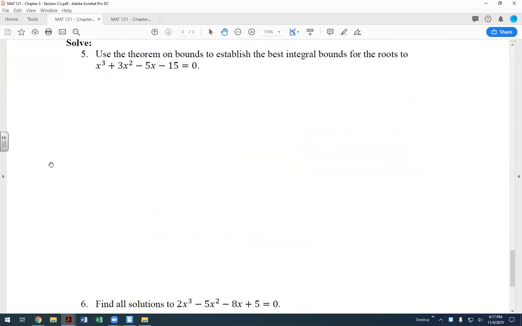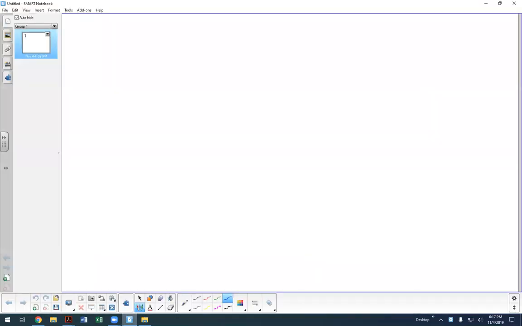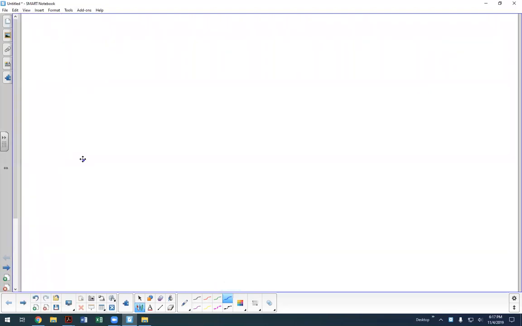So let's look at how we can apply all of these different theorems and rules to find the solutions for this polynomial function here. So we've got 2x to the third minus 5x squared minus 8x plus 5. Okay, let's go ahead and see what we can do here.